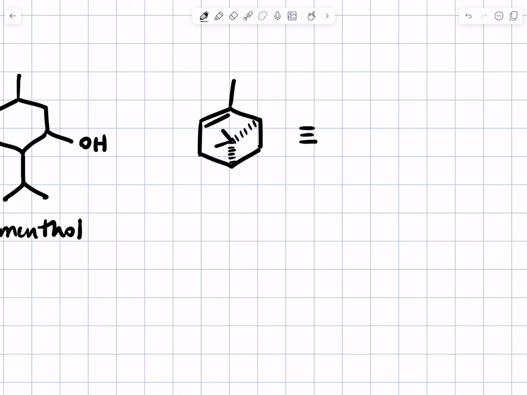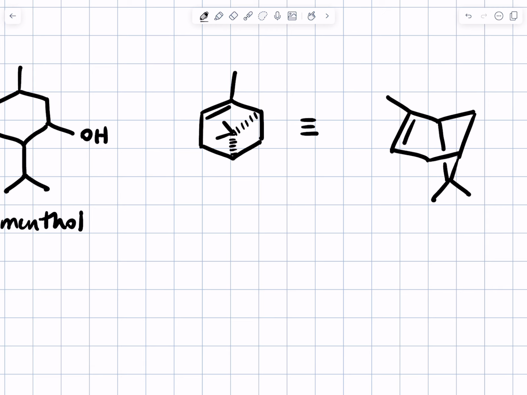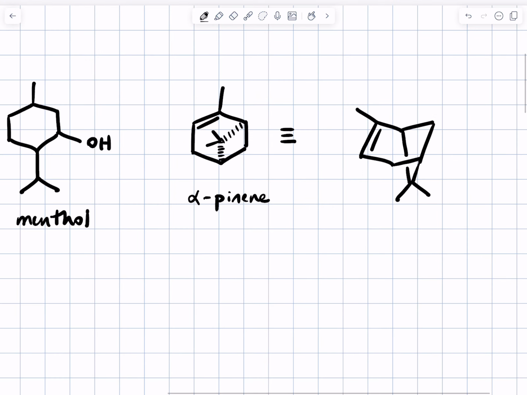If you want to see what this looks like in a more physically realistic arrangement, you could draw a sort of pseudo chair like this, and then put the carbon down here, 2 methyl groups, and then there's a 1, 2, 3, 4-membered ring. That's called alpha pinene, and it's a component of pine oil or pine resin. And if the double bond were here with the methyl group, it would be beta pinene.